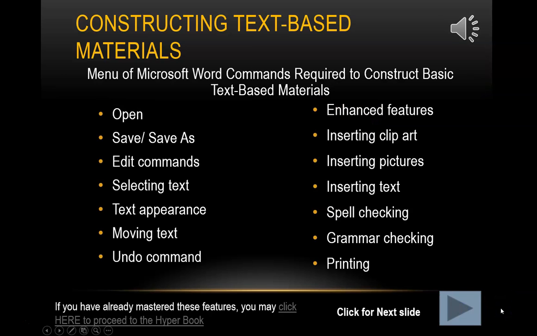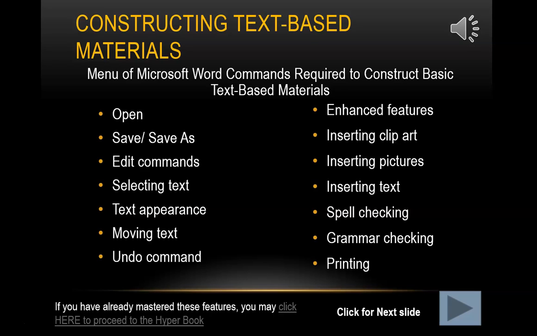Here's the list of menu items for Microsoft Word commands that we're going to be looking at to construct text-based materials. On the left side are some very basic features, and on the right side are some enhanced features that we'll be looking at. If you feel like you know how to do all of these without any problem, you may want to just click on the link down at the bottom of the slide to proceed directly to the Hyperbook.